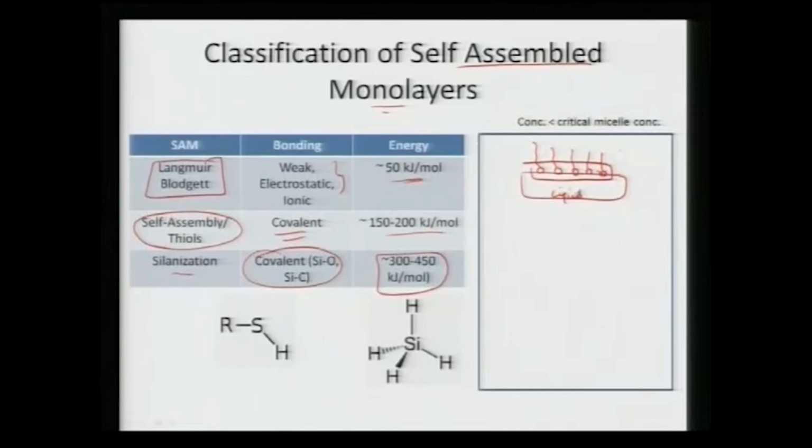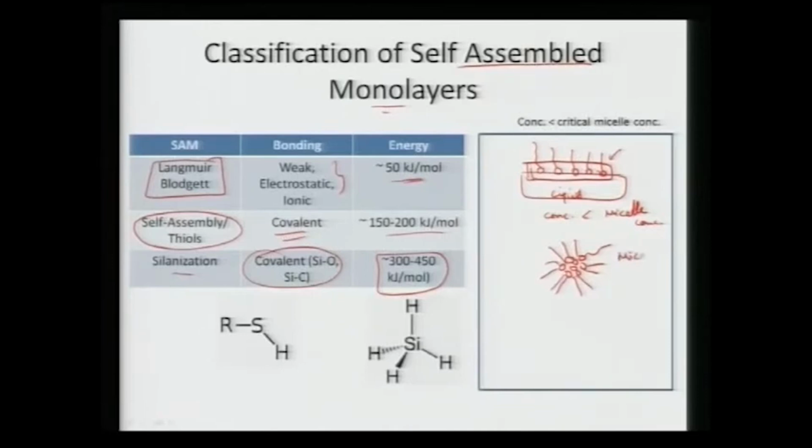Ideally, the concentration of this particular entity, the concentration of the film or of the secondary chemical, should be much less than the micelle concentration. Otherwise, all these head groups will combine and form a micelle. If the concentration is very high, they will go on to form a micelle structure.